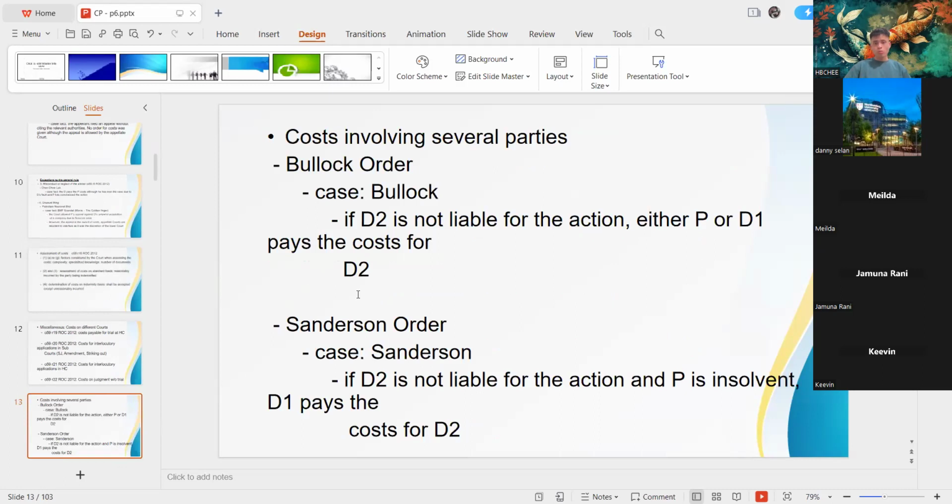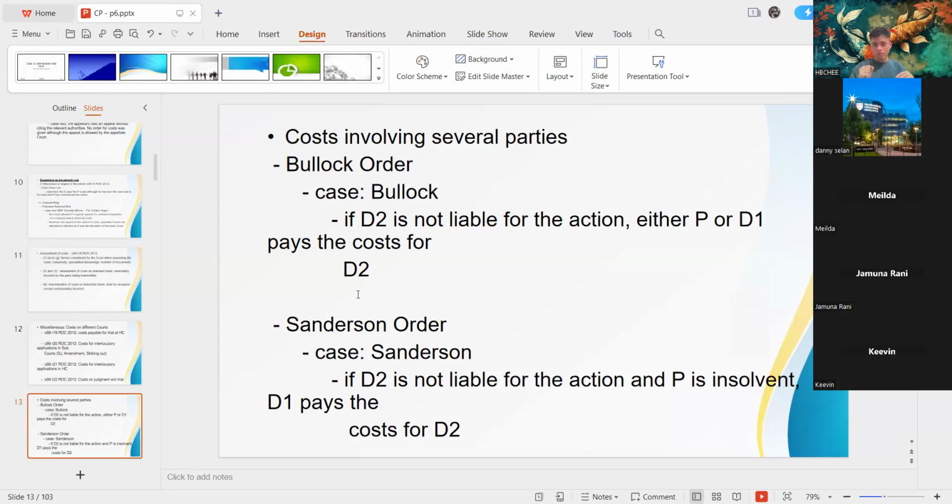Now I'll be guiding you all through the cost involving several parties. The reason why I put the Bullock and the Sanderson order is because we might be suing more than one defendant. But the problem is, what if the second defendant shouldn't be involved in the action and you have wrongly sued him and brought him into the action, and the court dismissed with cost?